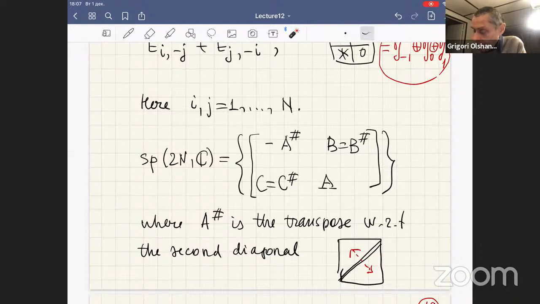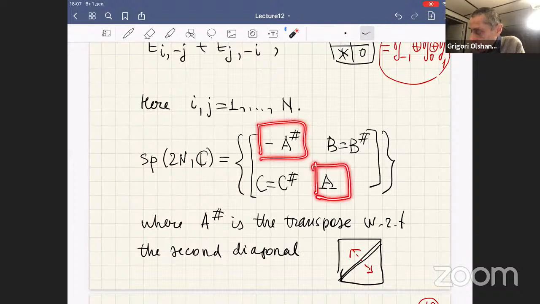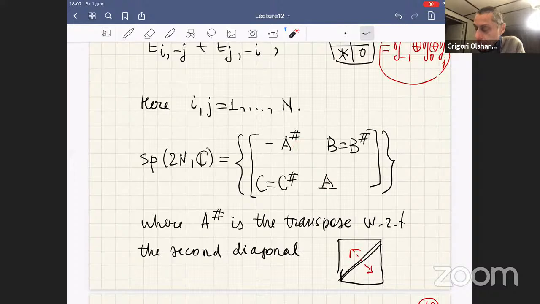So the elements of this symplectic Lie algebra are defined by the property that these blocks are related by taking this transposition and taking the minus sign, and these are symmetric with respect to this transposition, and this is also symmetric.